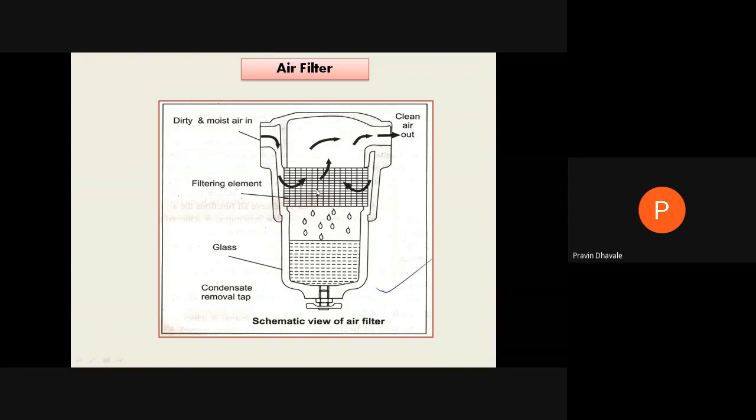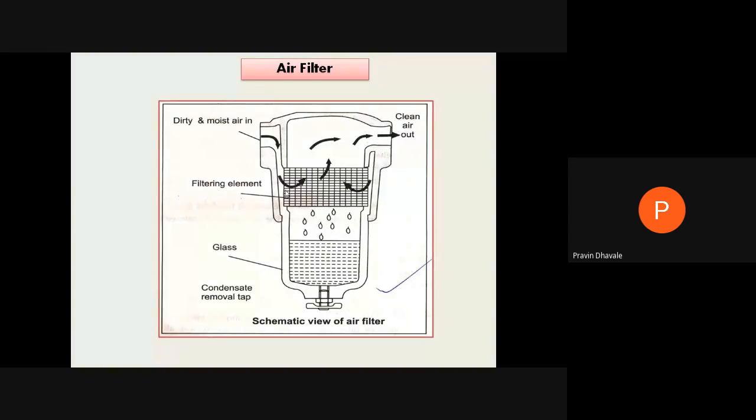This will be the filtering element. The filtering element is nothing but synthetic wires, right? Through that, the air from the atmosphere will come into the filter. There will be some deflectors also.